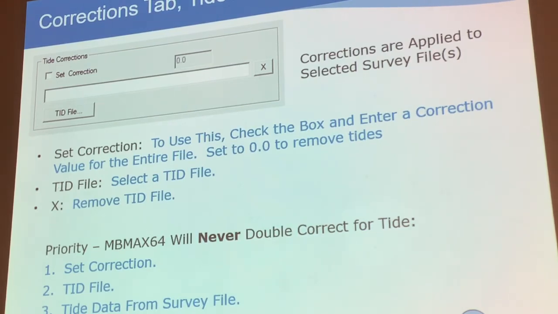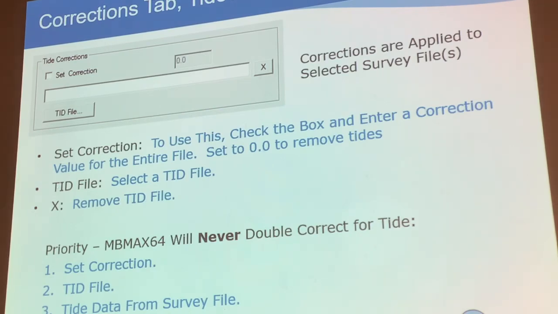The set correction is not tide data. That is if you just want to apply to one line. So let's say you do your multi-beam survey or your single beam survey, and you have 5 meters. If you put set correction plus 10, then it will become 5 plus 10.